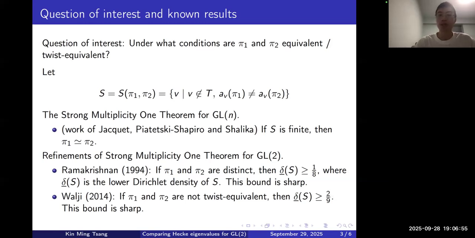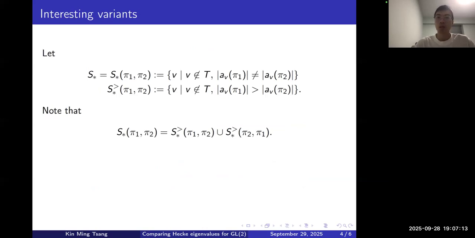Okay, so let's move on to the next refinement, which is by Walji in 2014, which says that if π1 and π2 are not twist equivalent, then the density of S is greater than or equal to 2/9, and this bound is also sharp. Let us consider more interesting variants of this question. We let S* be the set of places v for which the modulus of a_v(π1) is not equal to the modulus of a_v(π2).